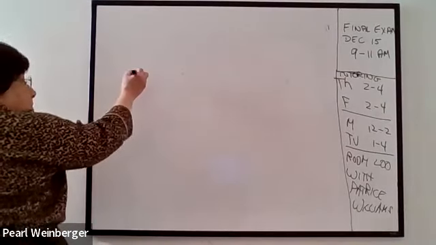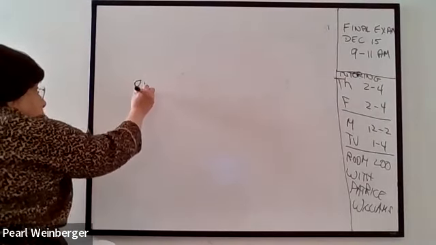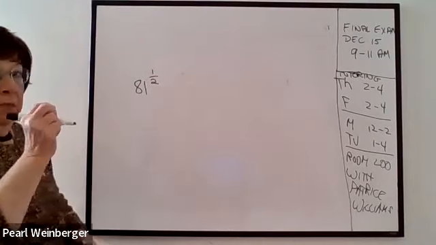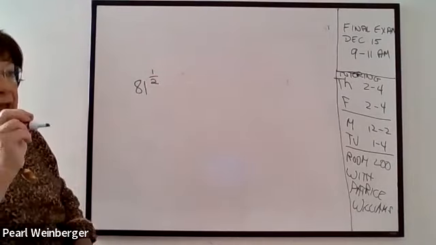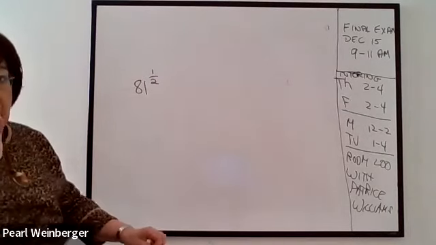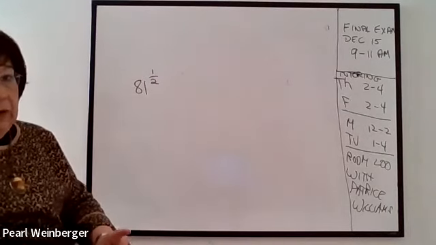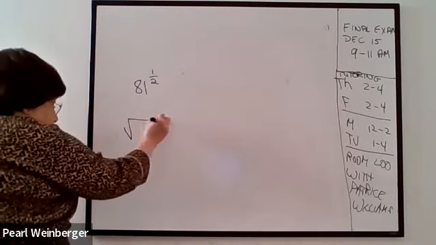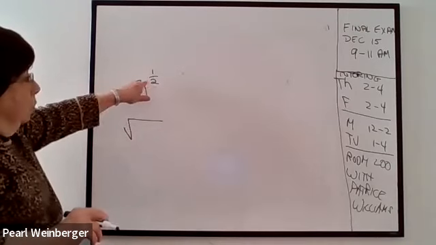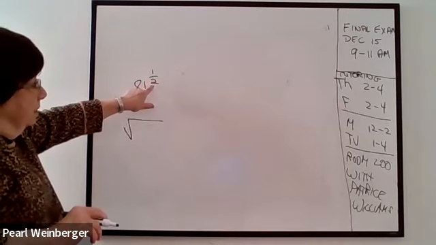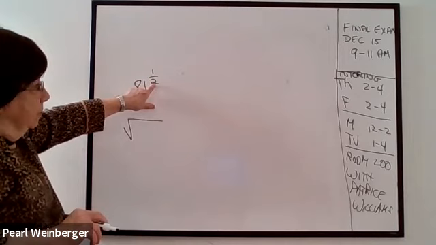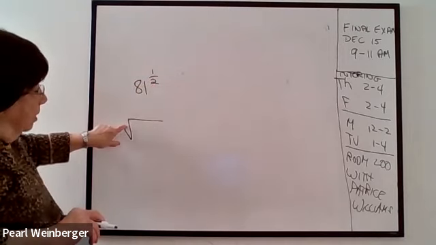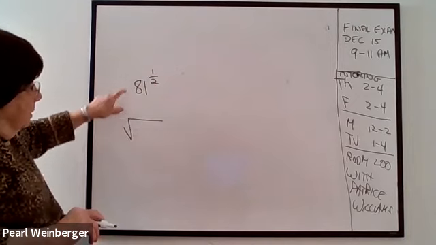If I give you something that looks like this, 81 to the 1/2 power, remember what a fractional exponent means. It doesn't mean you're multiplying by 1/2. It means you're doing a radical where the denominator of the fraction gives you what we call the index of the radical.